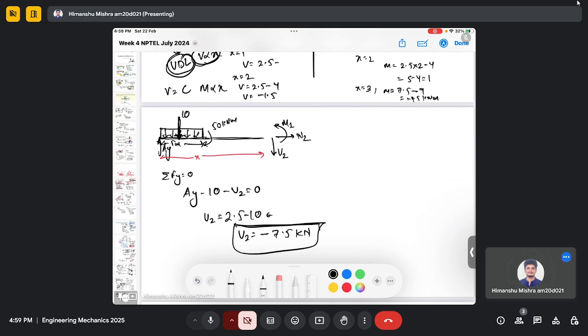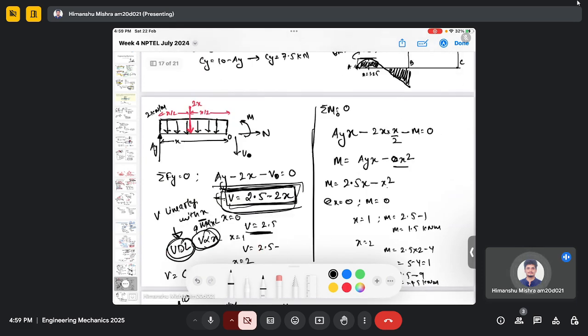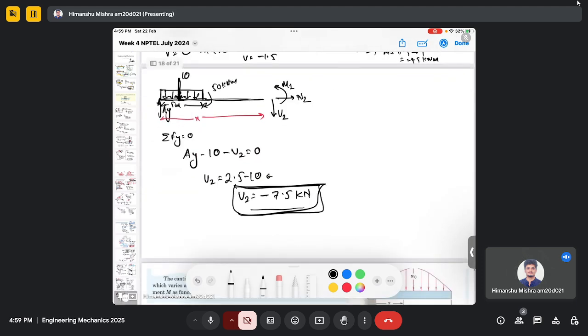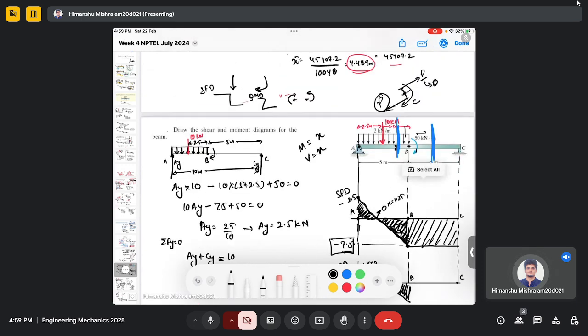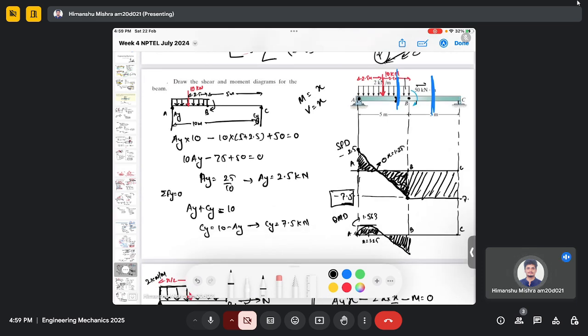Earlier we got V as a function of x, but now V is constant at minus 7.5, which means after it reaches minus 7.5, it will remain at the same value. This is quite obvious because after point B there is no external force acting to change it. So it is minus 7.5 only.